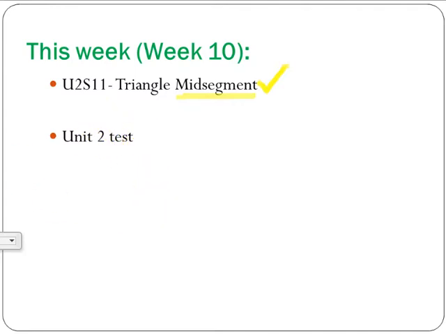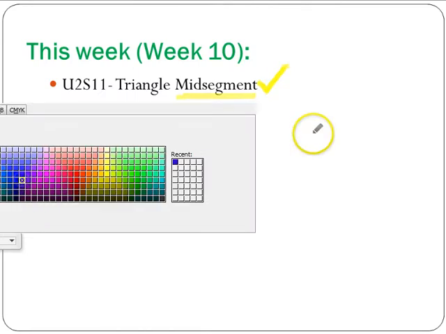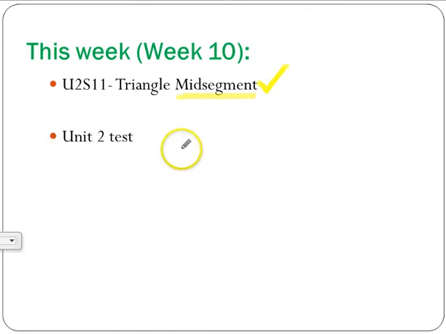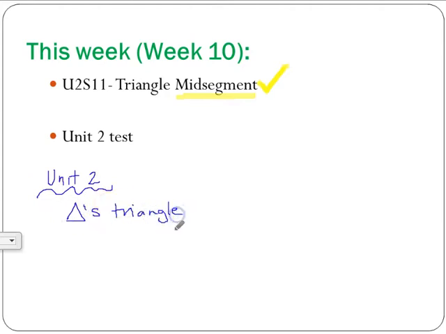Before we move on to some new content this week, let's talk about things that we have learned in Unit 2. Unit 2, we know, was all about triangles. We started the unit off with transformations of triangles, or really all sorts of different things.